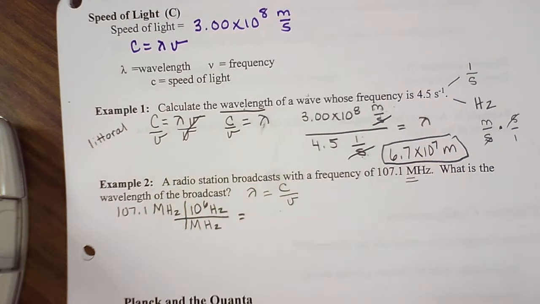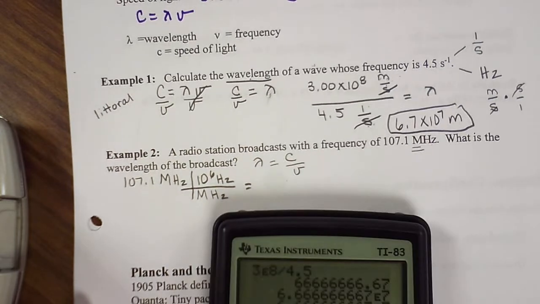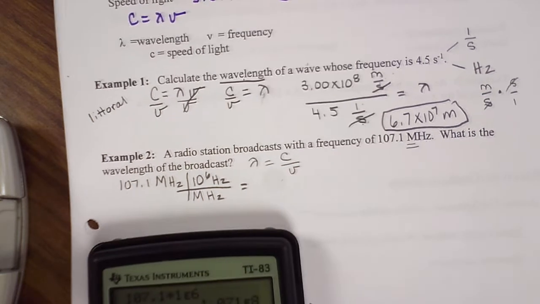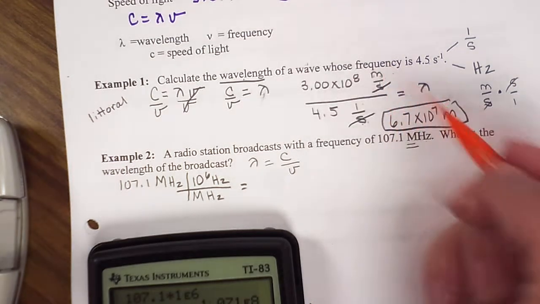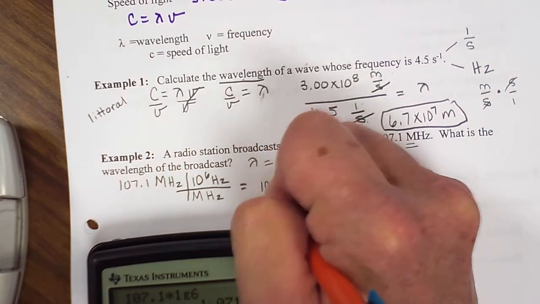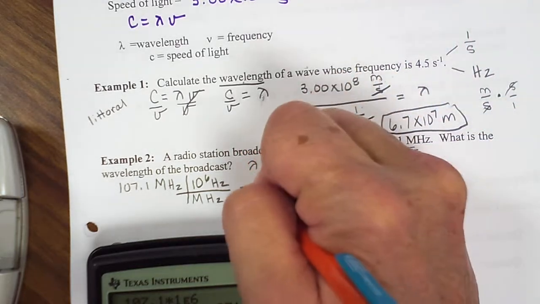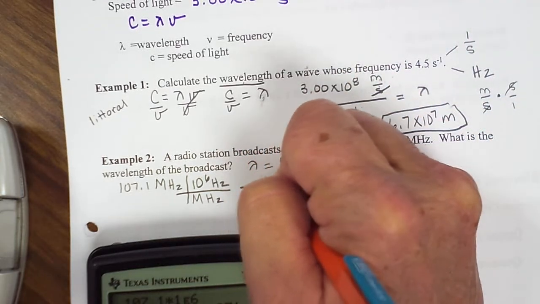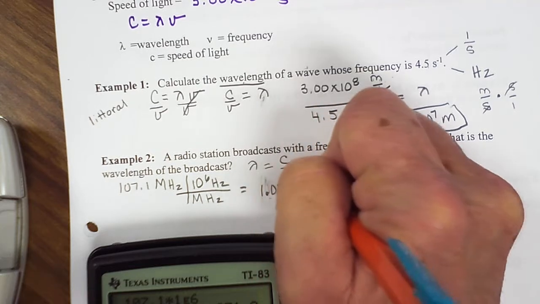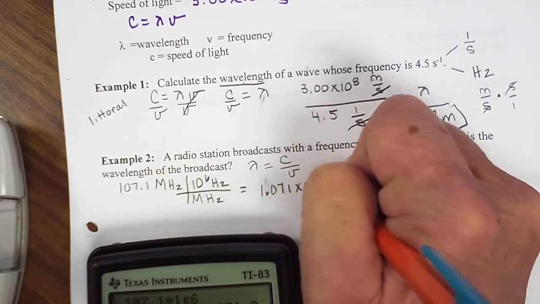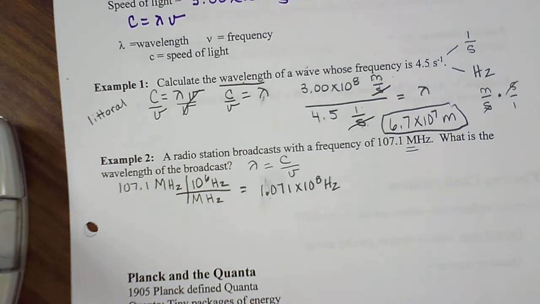Using my calculator, 107.1 times 1e6 equals 107.1e8, so 1.071 times 10 to the 8th hertz. I have to convert that before I can do this.